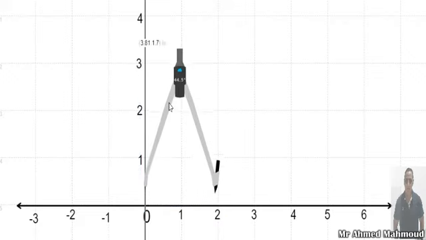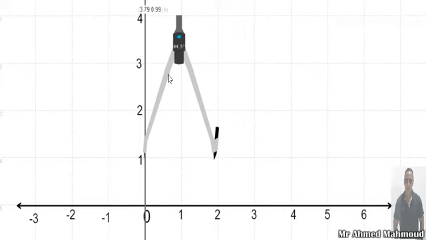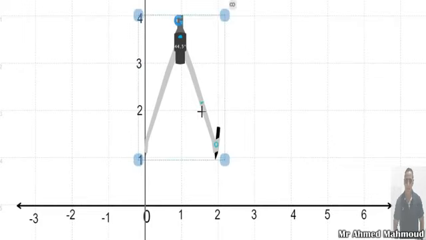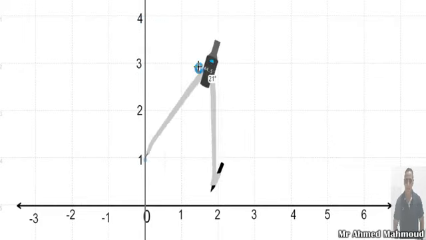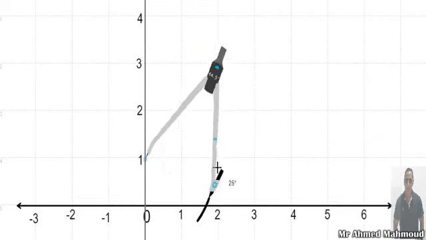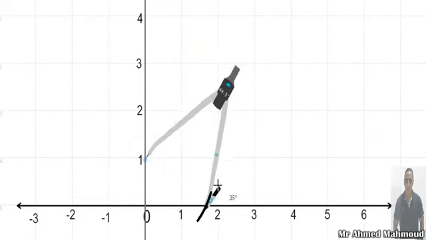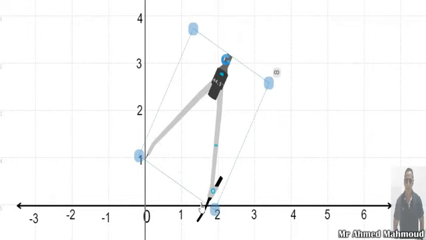I will stand here at 1, because this is the height of the triangle, and then I'm going to turn the compass to draw an arc like this. This distance equals 2 units.